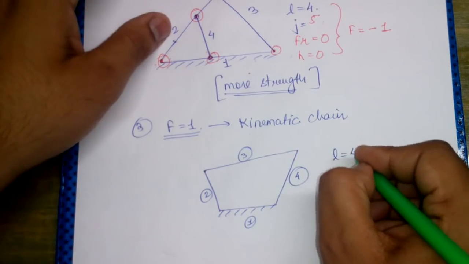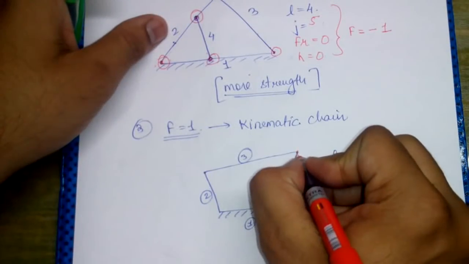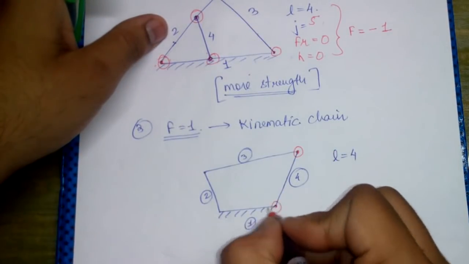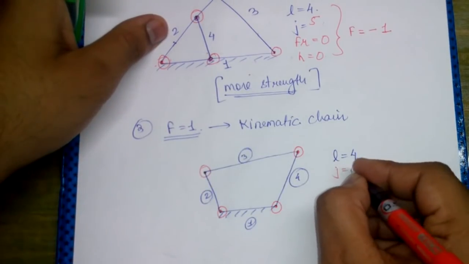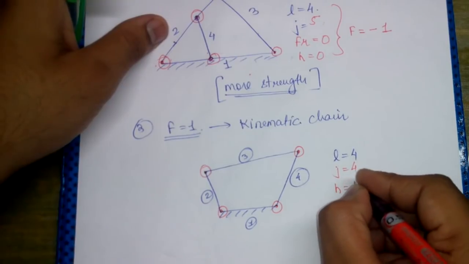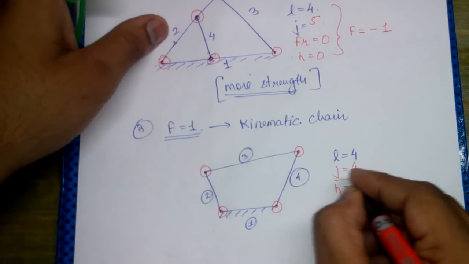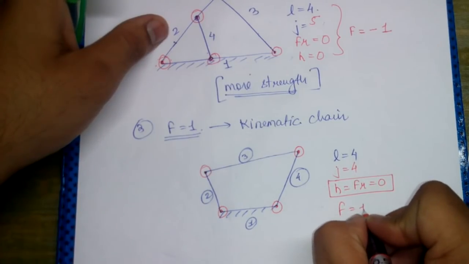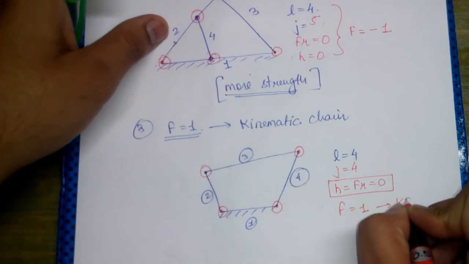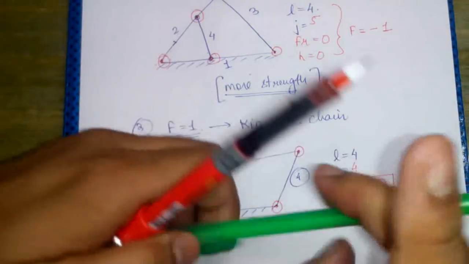Number of links is equal to 4. Number of binary joints 1, 2, 3, 4, so joints is equal to 4. Higher pair and redundant motion are both 0 here. So if you find out the degree of freedom, it comes out to be 1. Hence it becomes a kinematic chain.